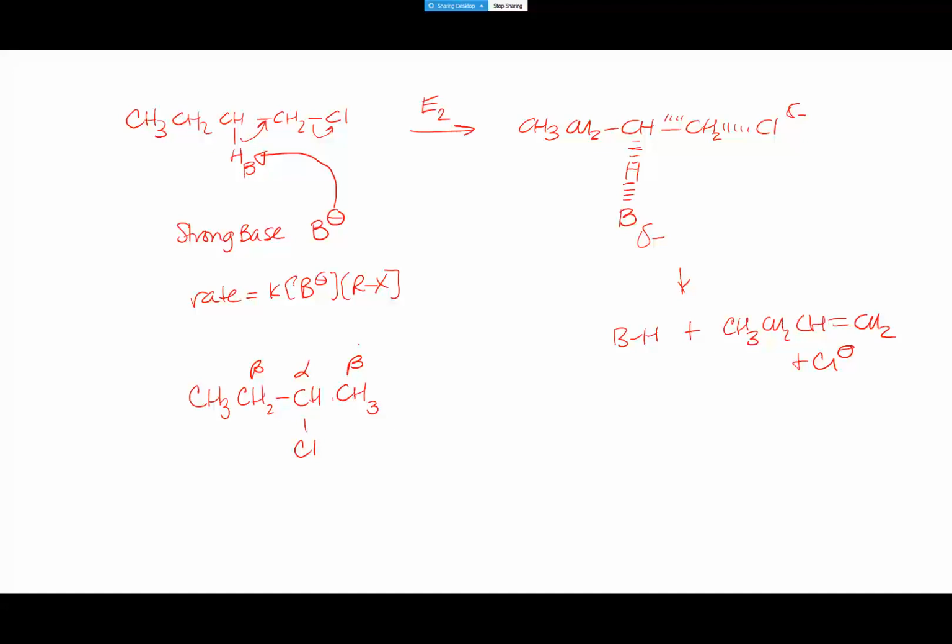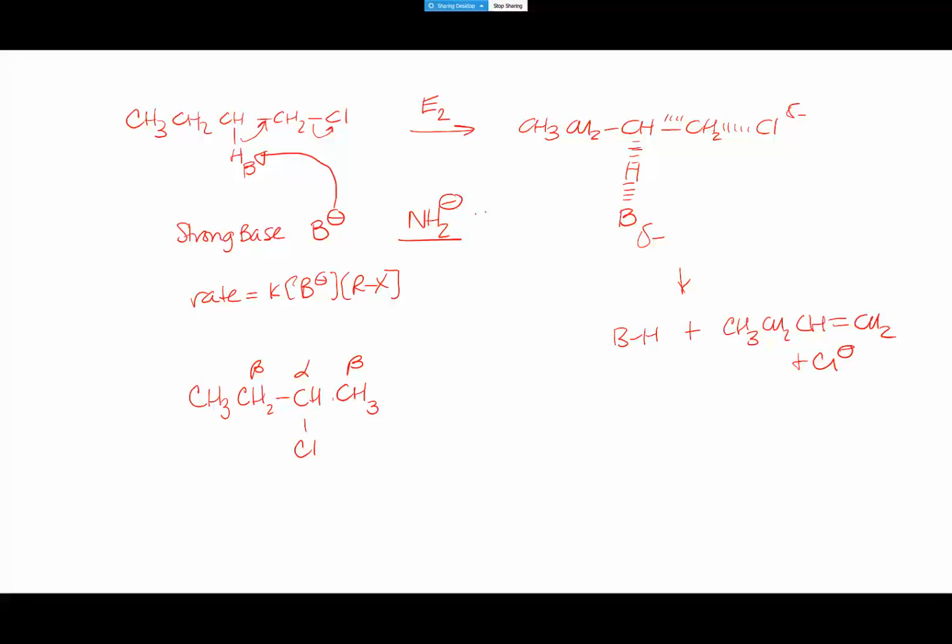So the base that I'm going to use for that is going to be NH2 minus, what's called amide. And for reasons that are beyond the scope of this class, right? Whenever I can't answer a question, well, that's beyond the scope of this class. This NH2 minus is a strong base, but it is not nucleophilic.